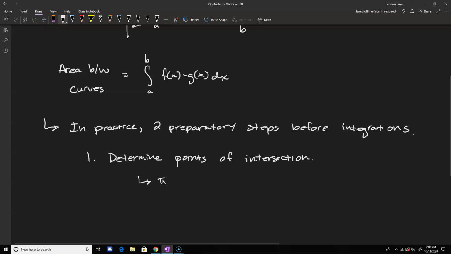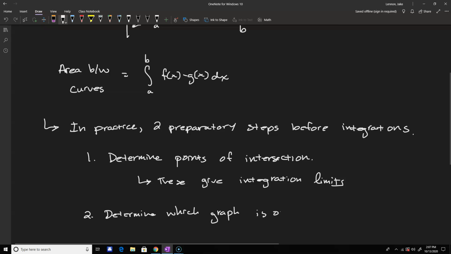So again, these give the integration limits, and as we said, determine which graph is on top. If you have intersection points, a lot of times you can just plug some x value in between and see which y value is going to end up being bigger.